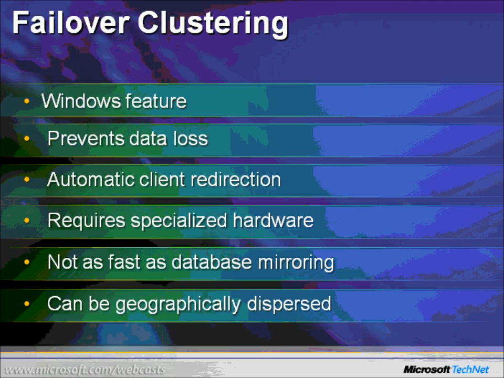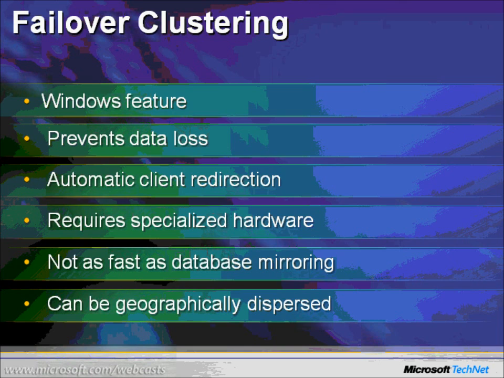Now, if one node fails, its services can be started on another node in the cluster. So this solution is going to, again, help prevent any data loss. It's also going to provide that automatic client redirection. And although the failover from primary to secondary is not as fast as database mirroring, it is a good solution, and again, we're talking in the seconds.